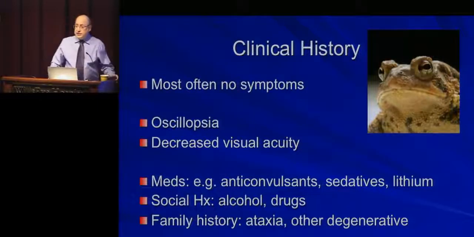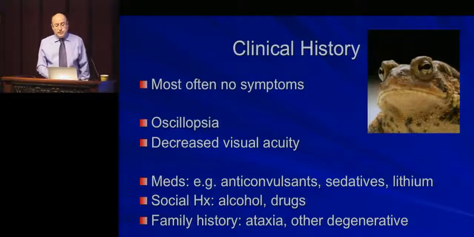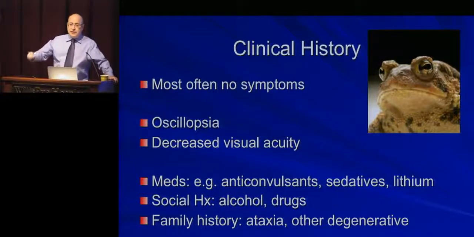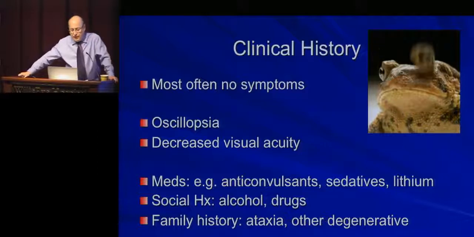So, clinical history with patients with nystagmus. First of all, they may have a lot of neurologic symptoms. But is there any history related to the nystagmus itself? Most often it's asymptomatic. But sometimes there's oscillopsia or decreased visual acuity.